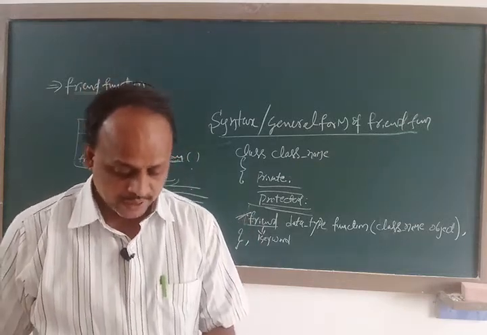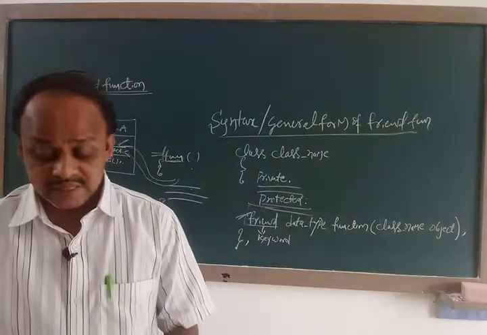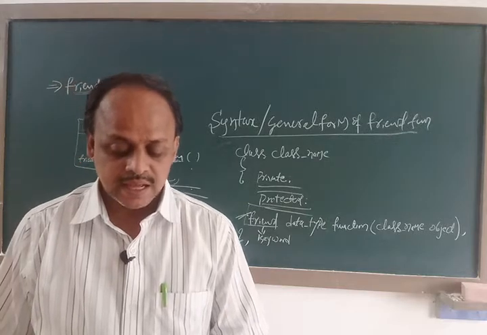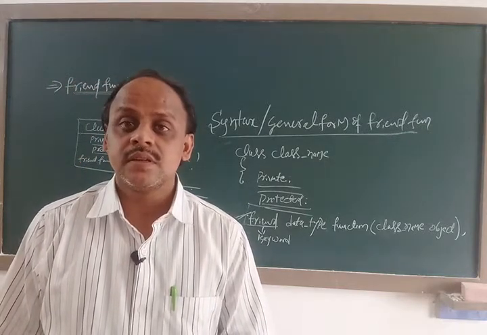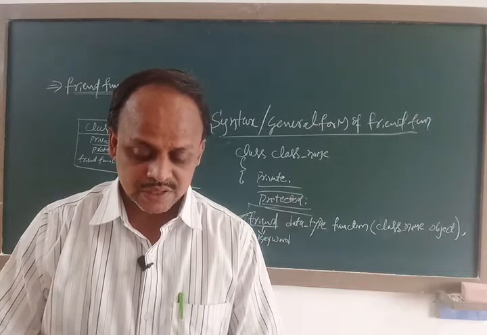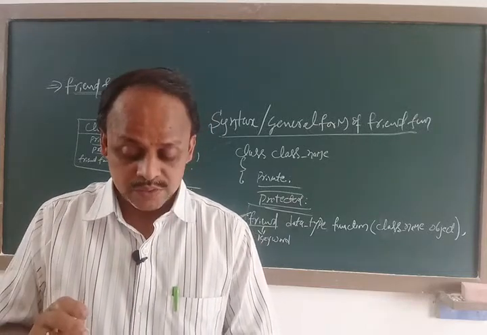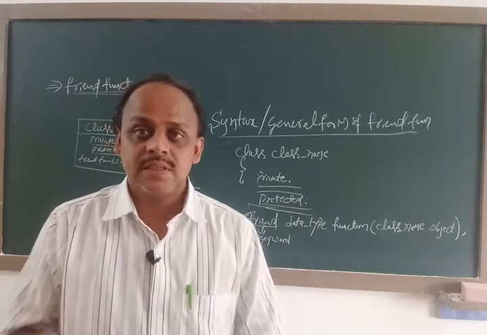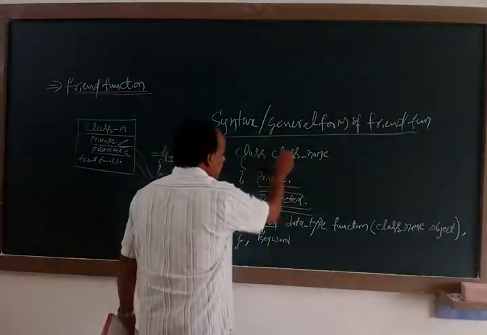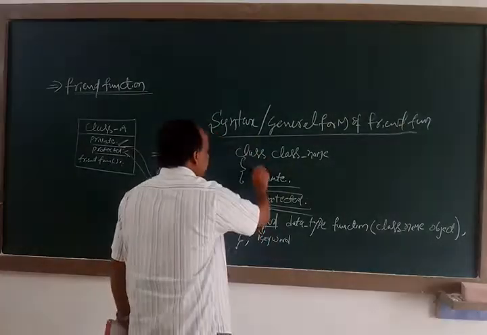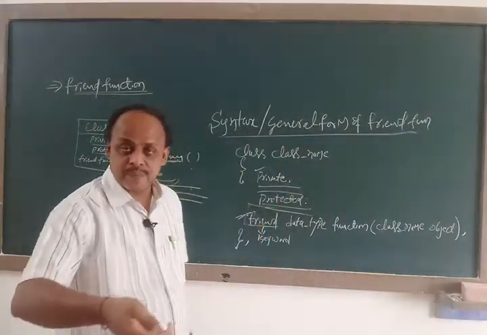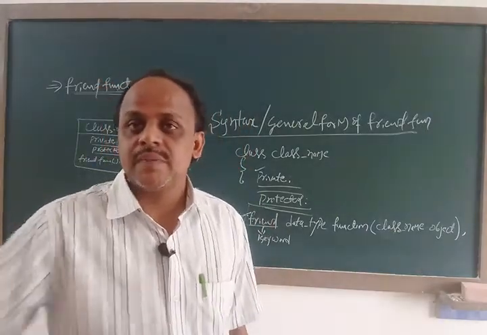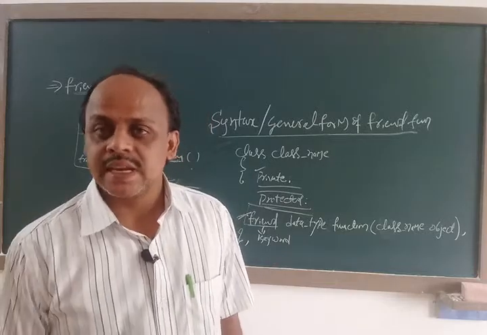And next point, use of a friend function is rare since it violates the rules of encapsulation and data hiding. Whenever we are using the class concept, we write access specifiers private, protected, public, right? Public means that the data member is accessible inside the class as well as outside the class.